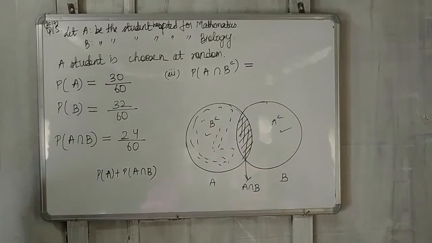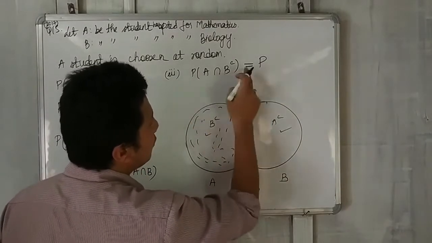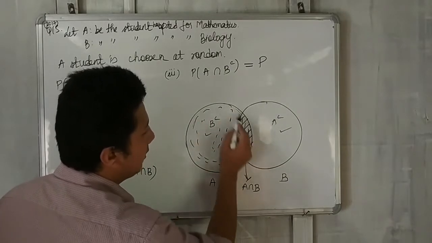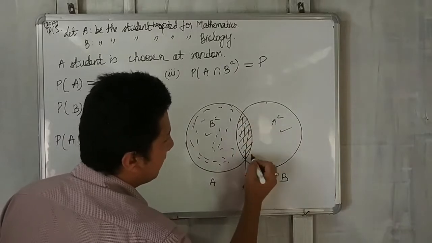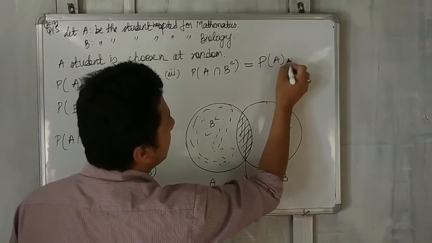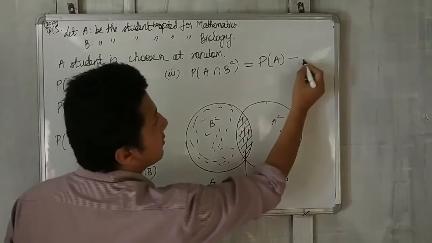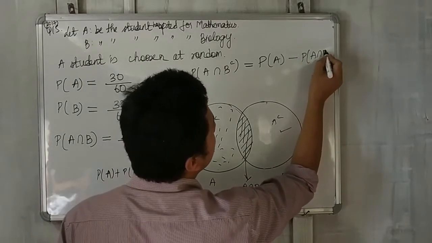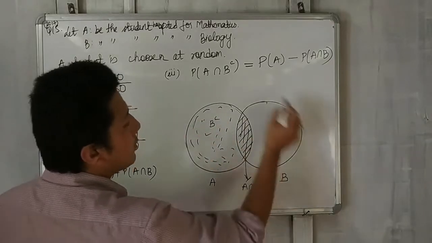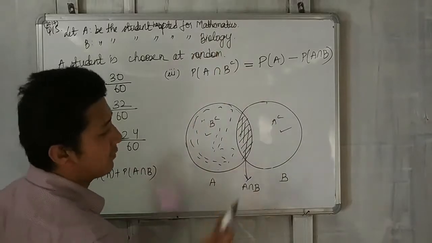But how will I find it? I'll find this by using the formula. How will I find this region? It is the area of this whole region minus the area of this shaded region. The area of this whole region means the probability of A, and this shaded region means the intersection, that is the probability of A intersection B. Once again, I'm making it clear. Make two circles for A and B. A is for maths, B is for biology.